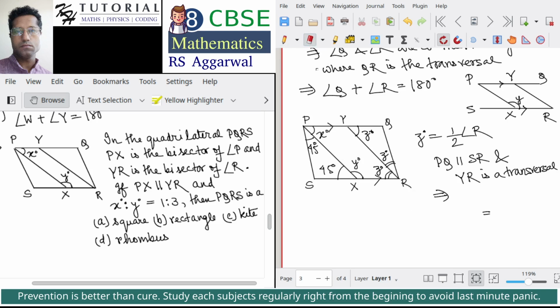So X degree we have found to be 45. Y is 135.